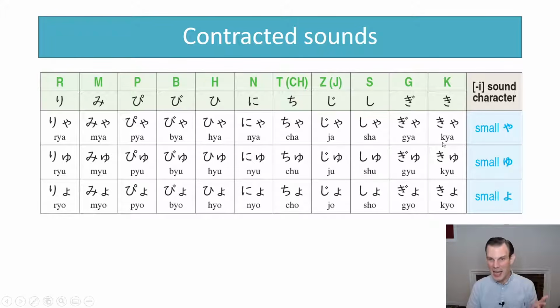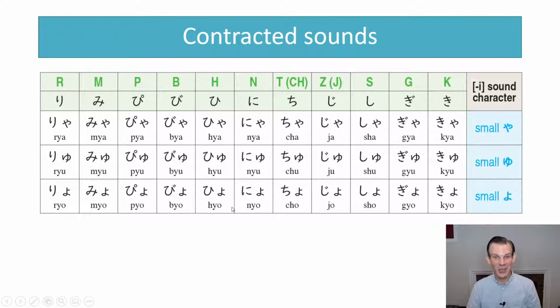We can do this with any of the I sound characters. I'm just going to read through them real quickly, what these sounds would sound like. Ki plus ya, yu, yo. Kya, kyu, kyo. G sound. Gya, gyu, gyo. Sha, shu, sho. Ja, ju, jo. Cha, chu, cho. Nya, nyu, nyo.